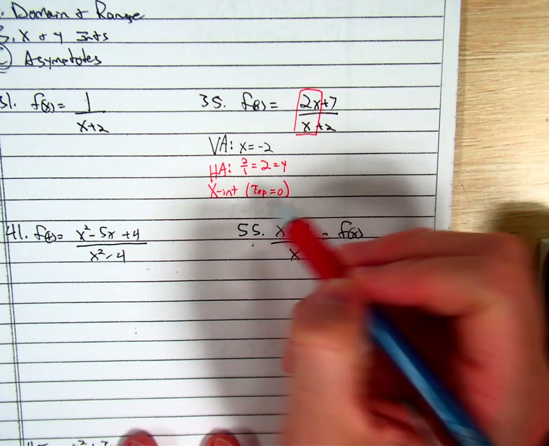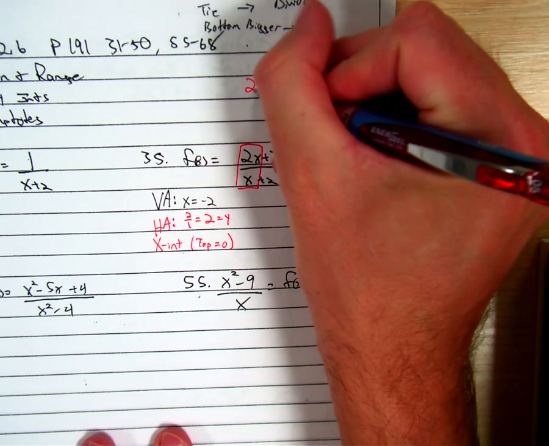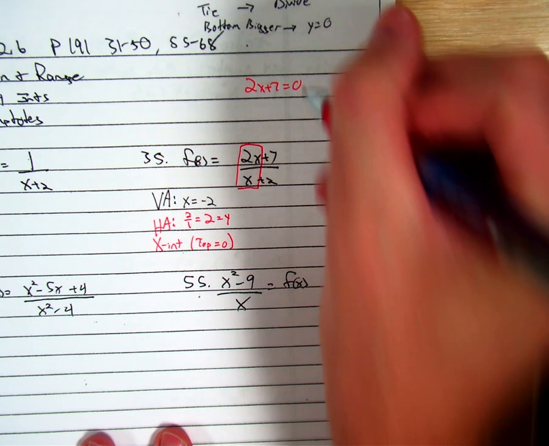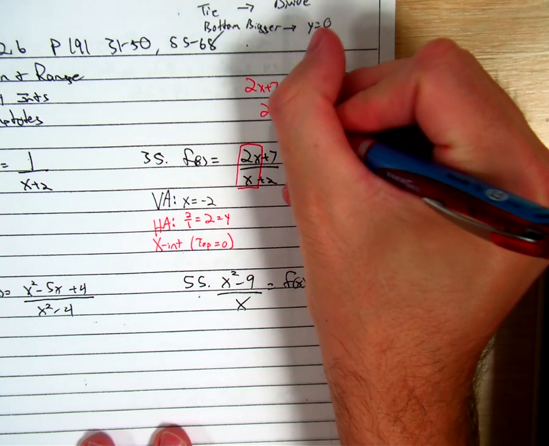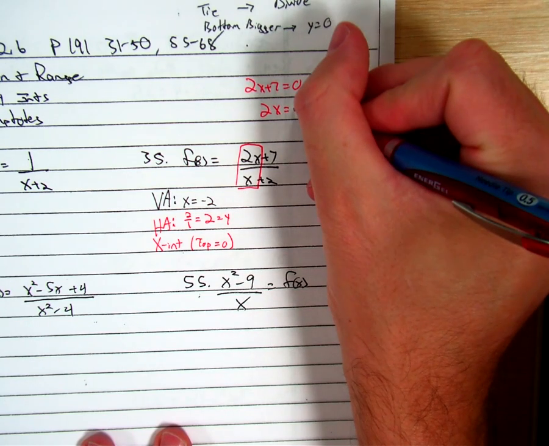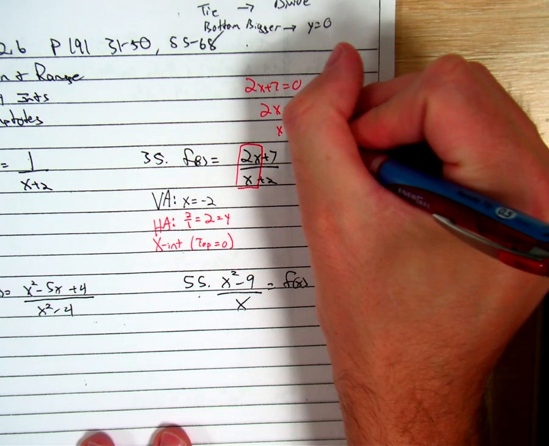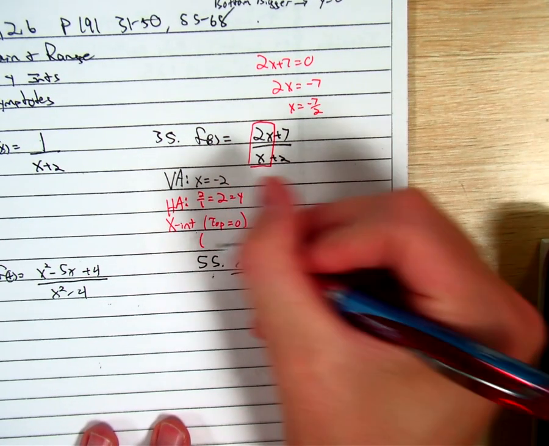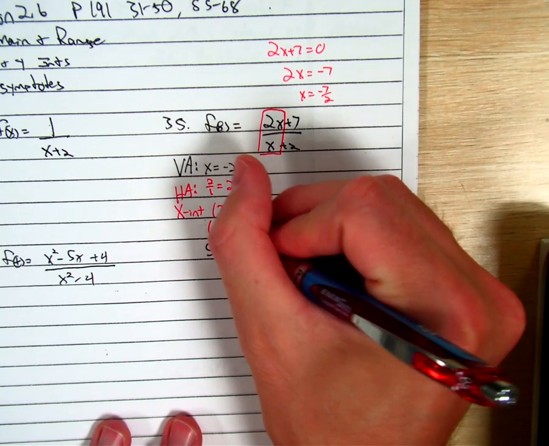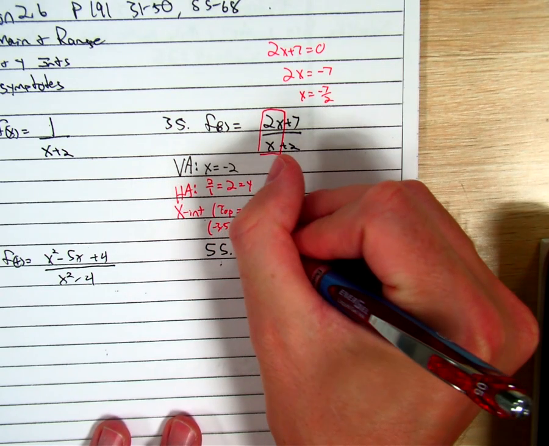We're going to run out of room down here. Maybe I'll come up here. 2x plus 7 equals 0. 2x equals negative 7. X would be negative 7 halves. So our x-intercept would be at negative 7 halves or negative 3.5 comma 0.